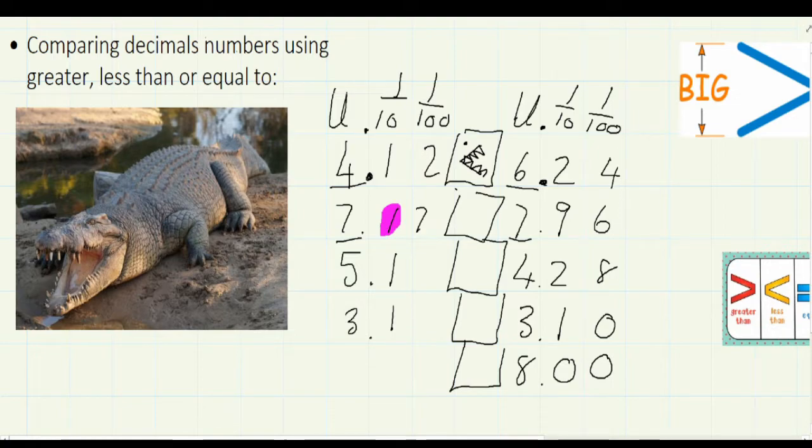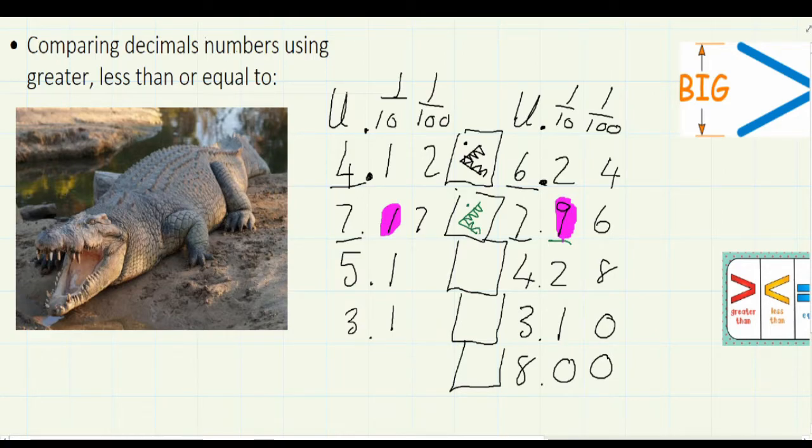Now in the tenths, we have 1 tenth and we have 9 tenths. Now clearly 9 tenths is a larger value than 1 tenth. You only need one more tenth to become a whole number. So therefore 7.17 is smaller than 7.96.